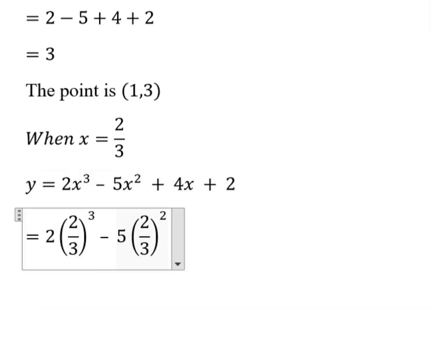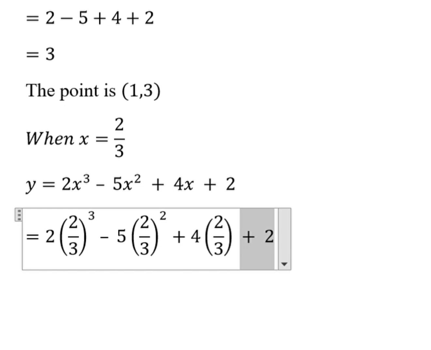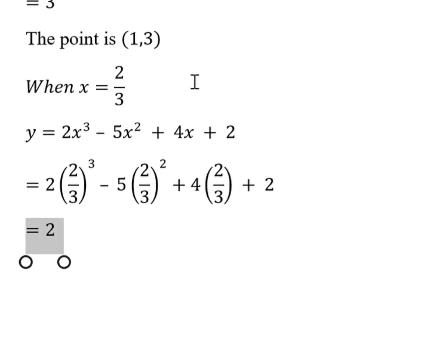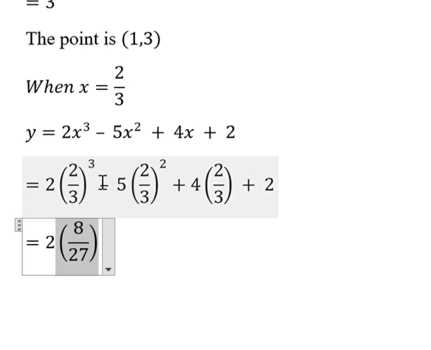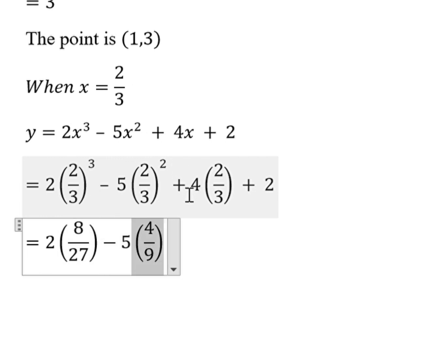And if you do that, you will get it simplifying to 2 into 2 cubed is 8 over 3 cubed is 27, minus 5 into 2 squared is 4, 3 squared is 9, so 4 over 9, then plus 4 times 2 gives us 8 over 3, then plus 2.